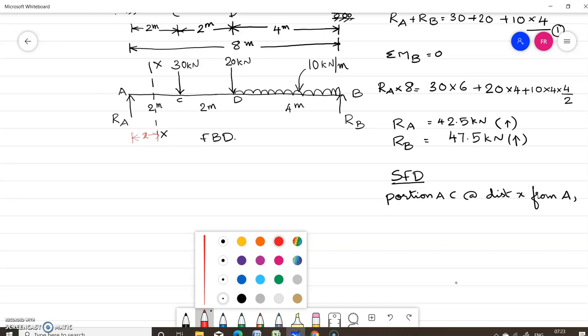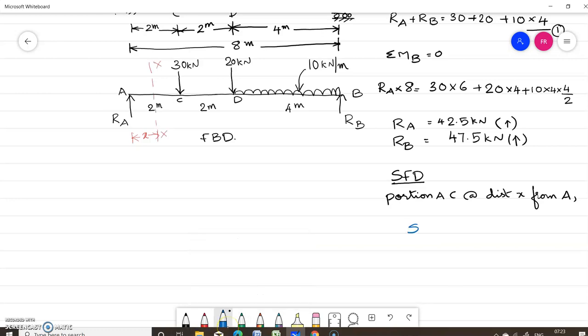So now let us write what is the shear force at XX. Now you have got the value of RA as 42.5 kN and RB as 47.5 kN.